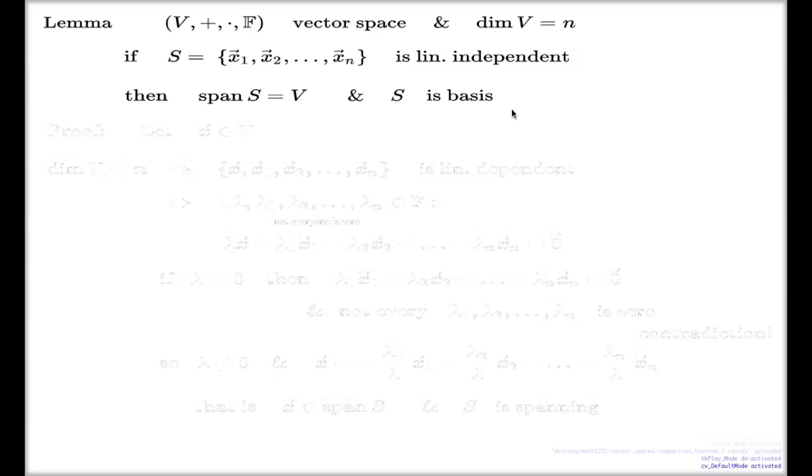Those two parts are the system must be linearly independent and the system must be spanning. If you know the dimension, you only have to check linear independence, because the spanning will follow automatically as long as you believe in this lemma. So when you know the dimension, the job of verifying that something is a basis becomes twice as short.